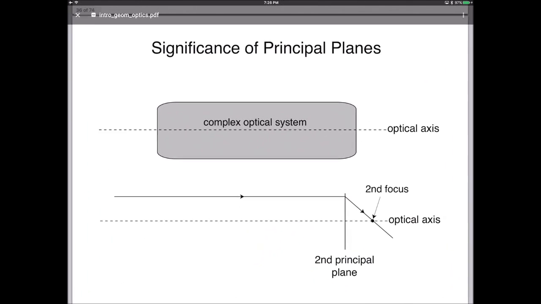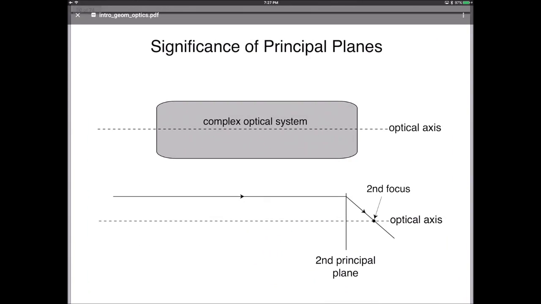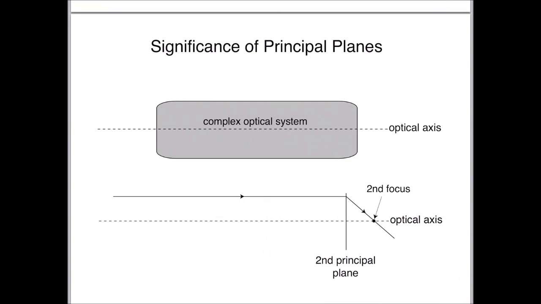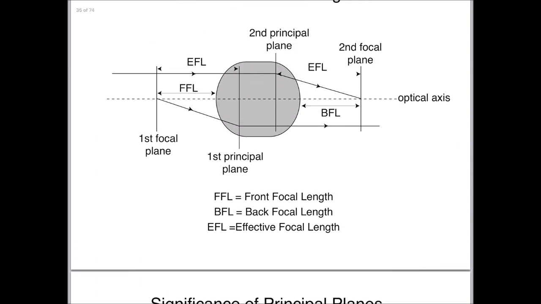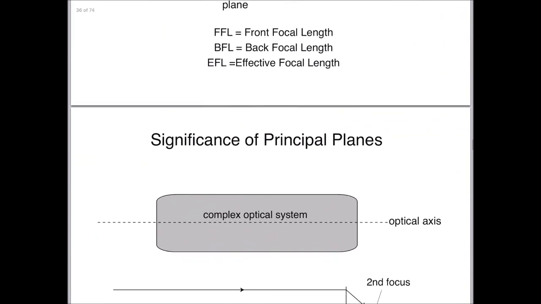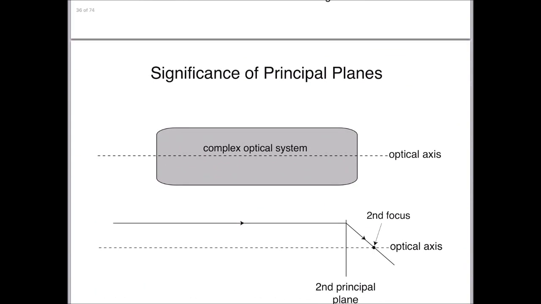So this is an explanation of what the significance of principal planes is. Imagine when we went from the thin lens to the thick lens system, the situation got a bit more complicated. Similarly, if we go forward and put in more lenses, like what you would have in a DSLR camera or, say, the iPhone, there isn't just one lens.